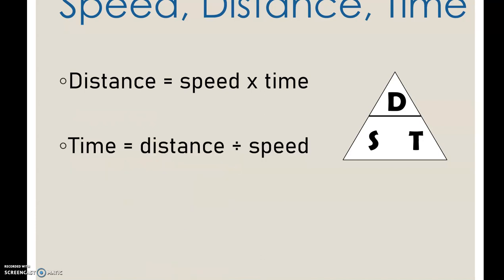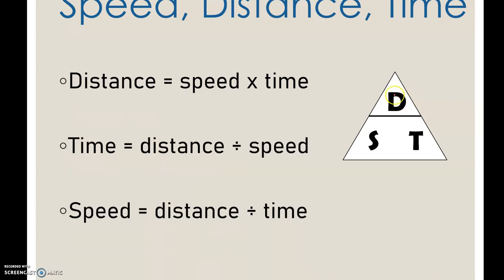All right. To make it easier to remember the formulas, the 3 different formulas, this might help. So you have D on top and then S and T. So when you're trying to work out distance, it's just simply speed times the time. If the unknown is the time, if this is your unknown, then you do distance over speed. And if this is your unknown, if your speed is your unknown, then you have distance over time.